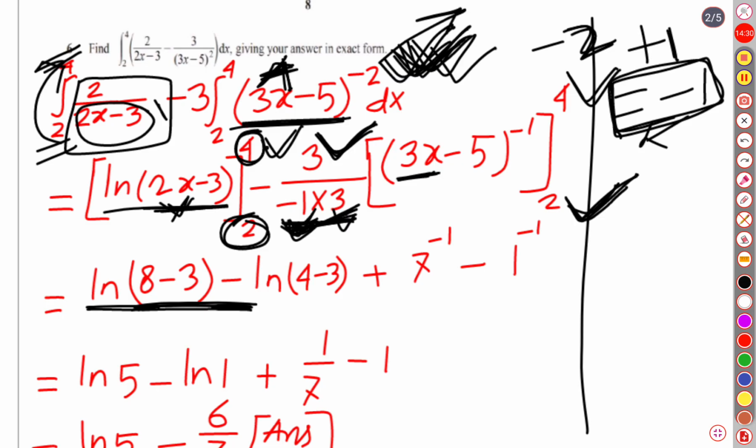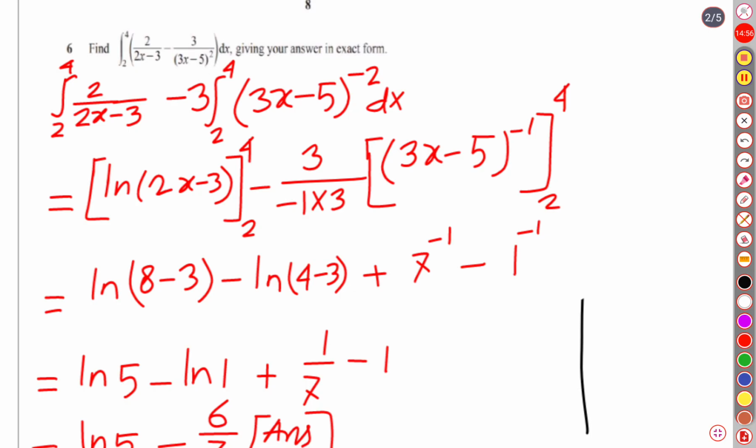Then subtraction, then lower limit is 2, so 2 twos are 4, we have written here 4 and 3 unchanged, so ln 4 minus 3. What have we done? First the upper limit was substituted, then we subtracted the value when the lower limit is substituted. Same goes here also. Let me erase this portion and repeat again.